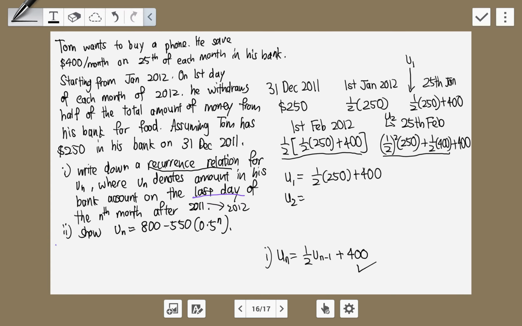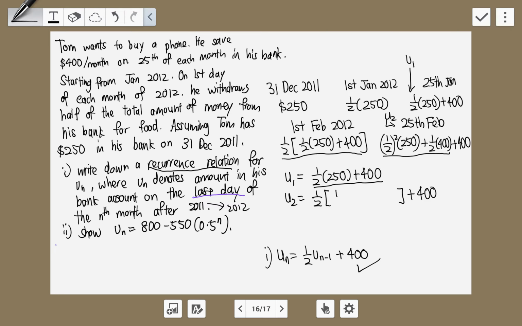Okay, so this is my answer to the first part. For U2, using this recurrence relation, I will take half multiplied by this U1, because half times U1 plus $400 is my U2. So U1 I will replace with this one.